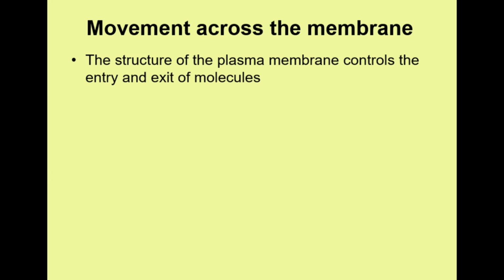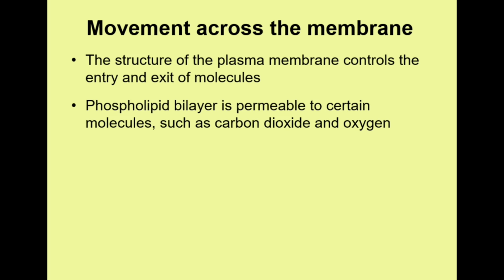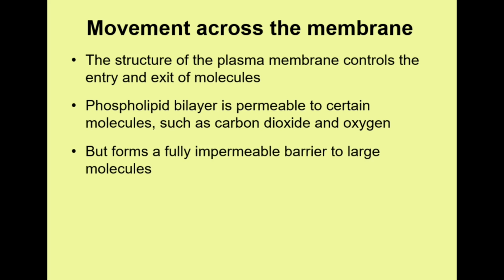The structure of the plasma membrane then is what controls the entry and exit of molecules. Specifically, we're talking about those embedded transmembrane proteins, but also the fact that we have those hydrophobic tails in the middle of our phospholipid bilayer. And as I previously mentioned, really small molecules such as carbon dioxide and oxygen can diffuse very freely in and out of the cell through the phospholipid bilayer.